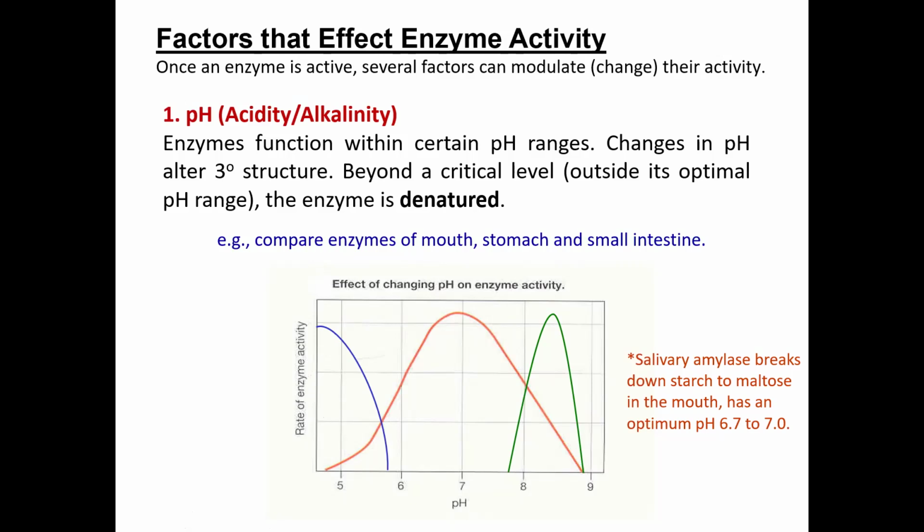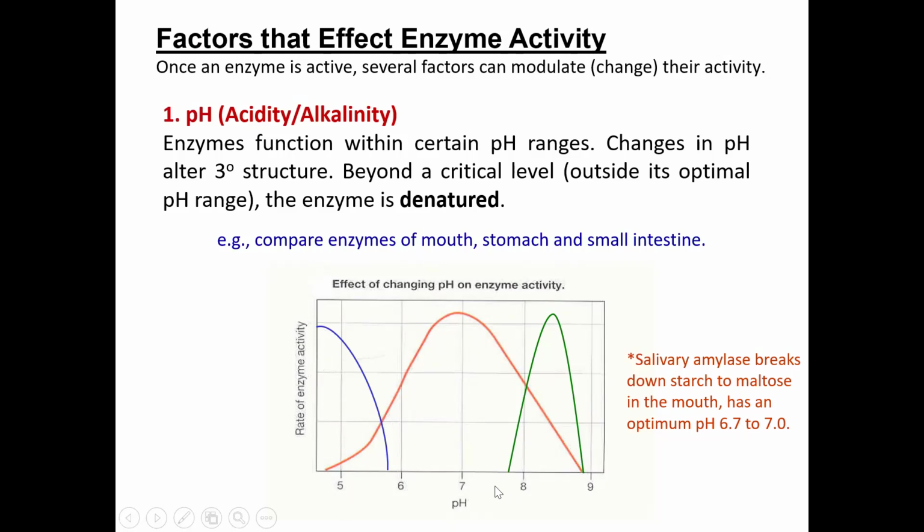So you can have an enzyme where, if you look at this blue peak, look at the pH where you have the highest activity. The pH where you have the highest activity is below 5.